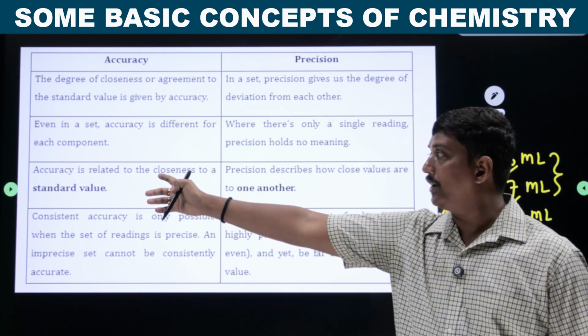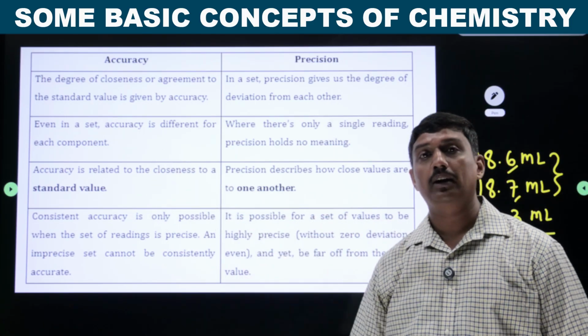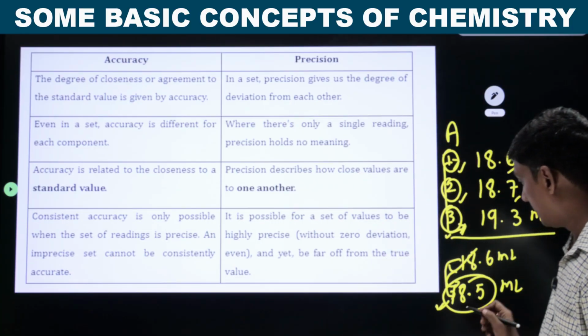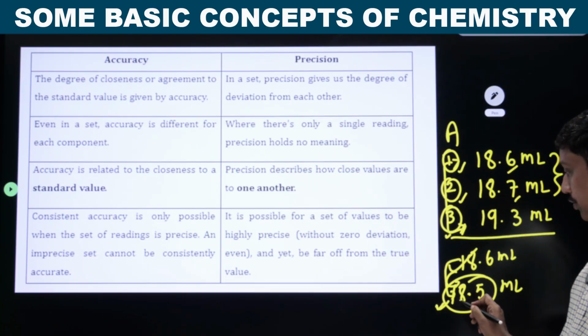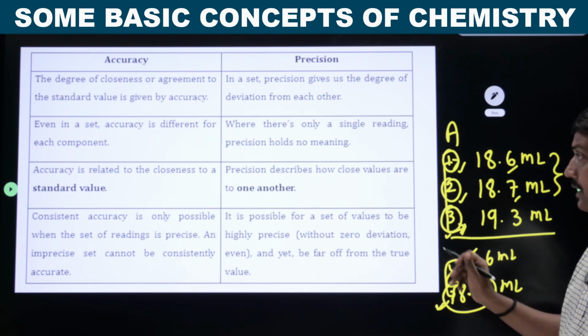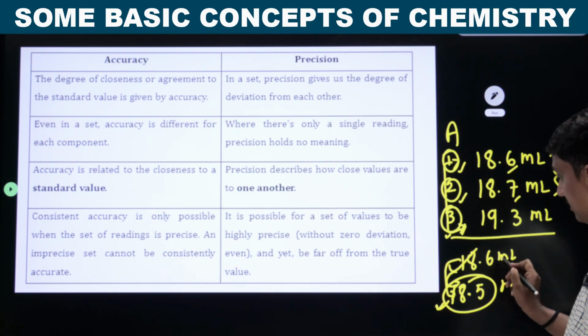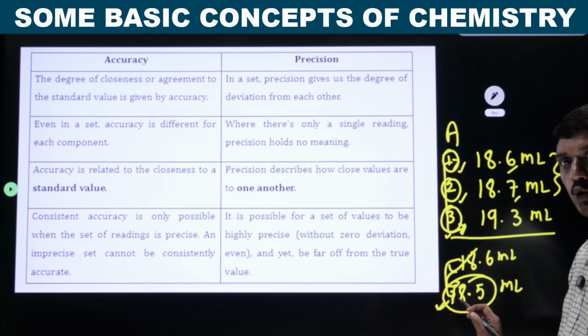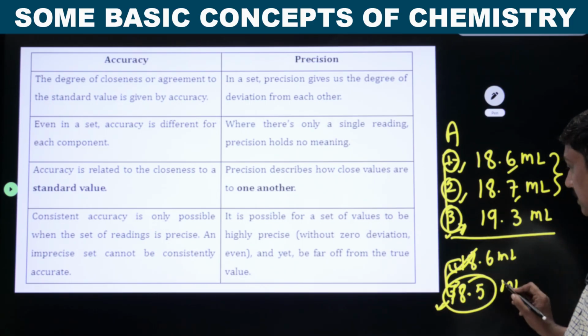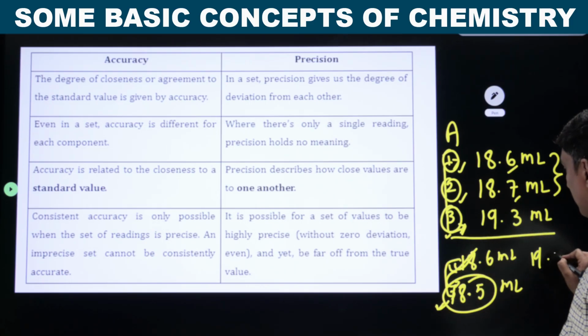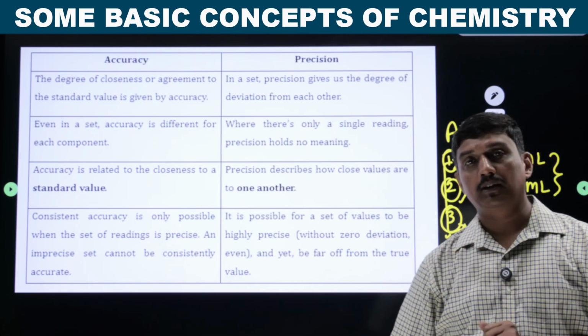Accuracy is related to closeness to the standard value. In the example I gave, the standard value should be 18.5. If you produce 18.6 ml, it is very close to this accurate value, so it can be considered. Suppose you present a 19.3 ml value, they won't accept it.